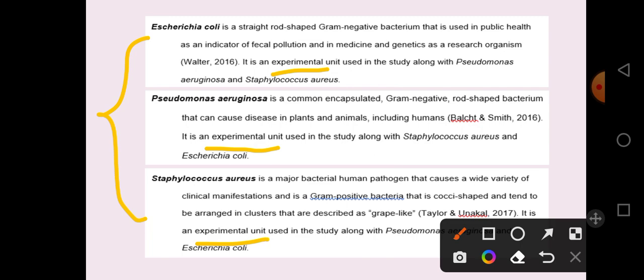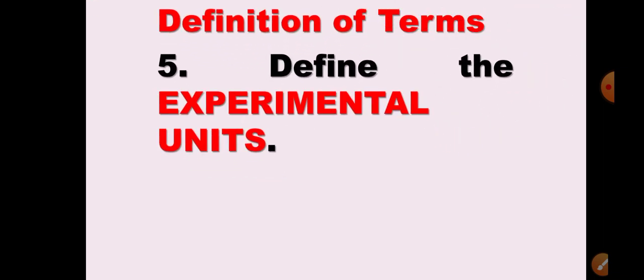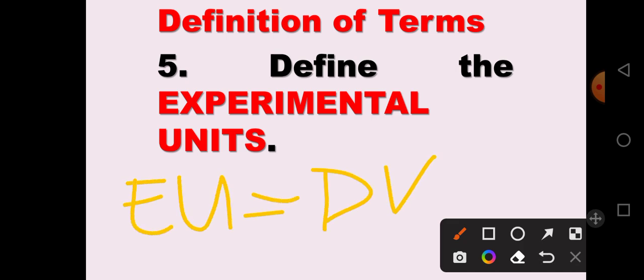Therefore, class, what can you deduce from this example? It only means that in writing the definition of terms, you must also include the definitions of your experimental units. But remember, class, that there are times that our experimental units are also our dependent variable.